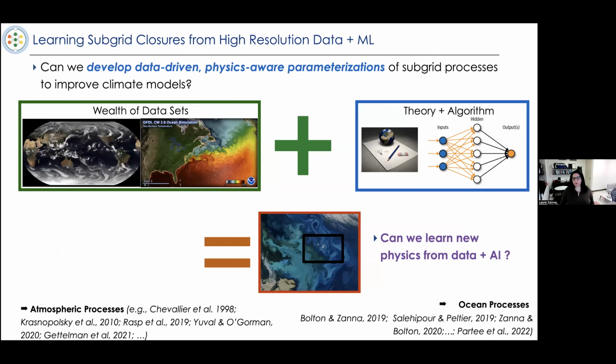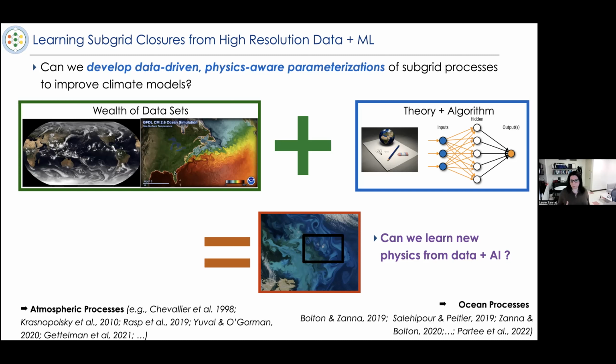So typically the way all of us have done eddy parameterization is by using theory, right? Try to come up with a simple mathematical model that will represent those missing scales. Here we're trying a different paradigm, where we say, well, we have a lot of numerical simulations, and in some instances we have actual observations.